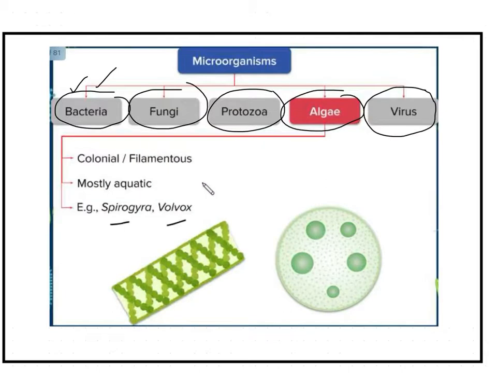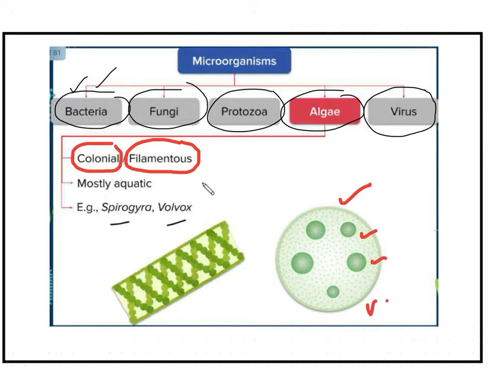Now, apart from this, algae can live in colonies or it can be filamentous. The structure can be filamentous and it can exist in groups. Just look at this. Here are colonies of Volvox.